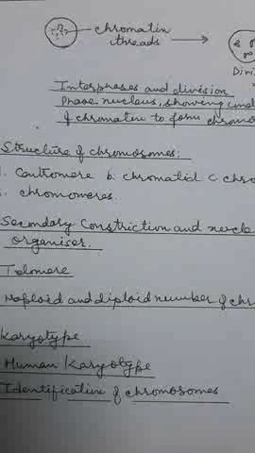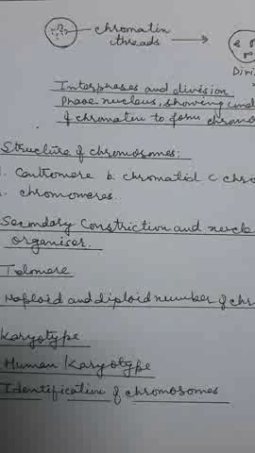Haploid and diploid number of chromosomes. The gametes possess only one set of chromosomes and this number is called haploid or N. A somatic cell usually contains two sets of chromosomes and therefore it is known as diploid or 2N. Some cells may contain many sets of chromosomes and these are called polyploid cells.